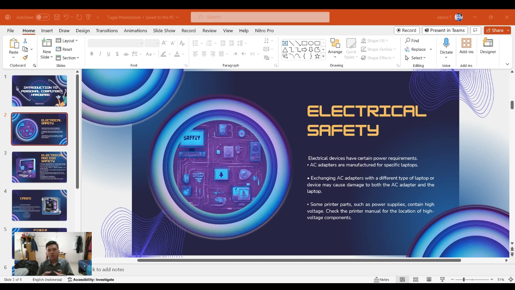The conclusion is, in summary, a personal computer comprises various hardware components that work together to process data. Understanding these components and practicing electrical safety measures is vital for the efficient and safe operation of a computer.